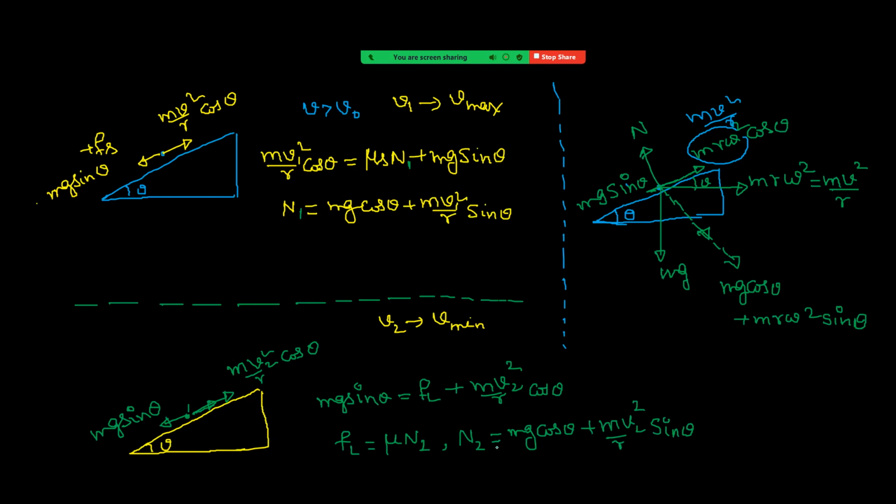By taking this n2 value, we get the limiting friction. Now substitute that here, then we are going to get the value of v2.